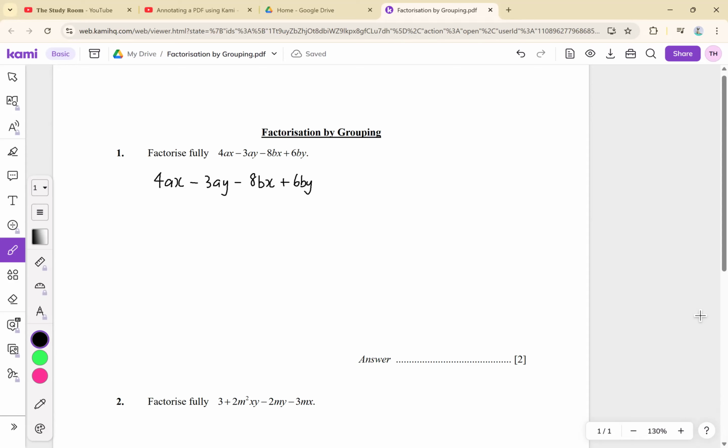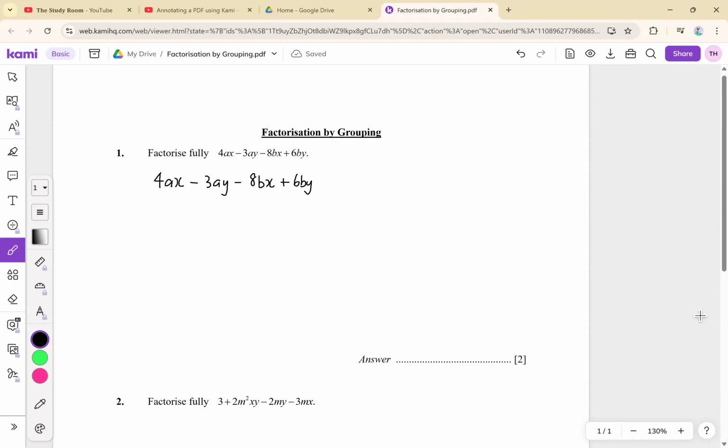You can't take out 3 because 8 and 4 are not divisible by 3. You can't take out a because the last two terms do not have a inside. So you can't find any common terms across all four terms. That is when you know that you need to use factorization by grouping.